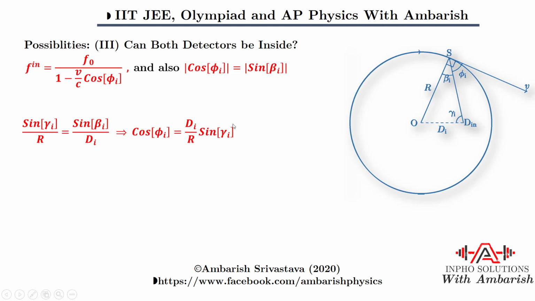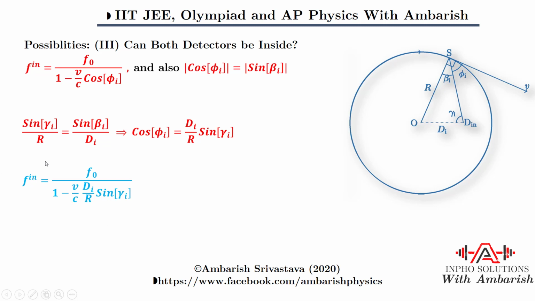So with that, we can substitute cos phi in terms of sine gamma i, and what we get is F inside is F naught upon 1 minus V by C di by R sine of gamma i. So this is the detected frequency by an inside detector.